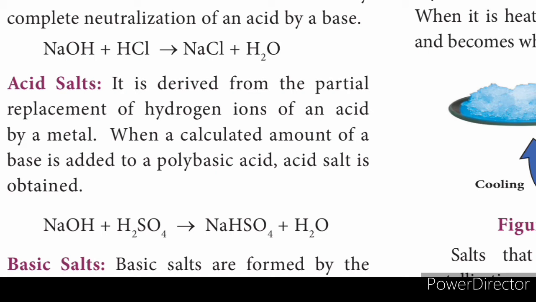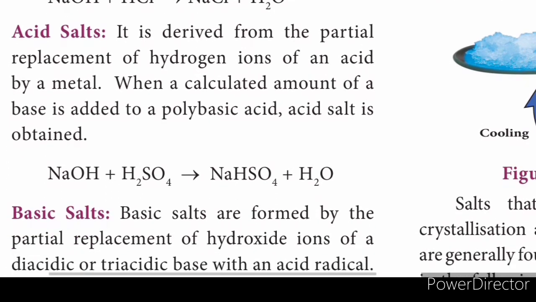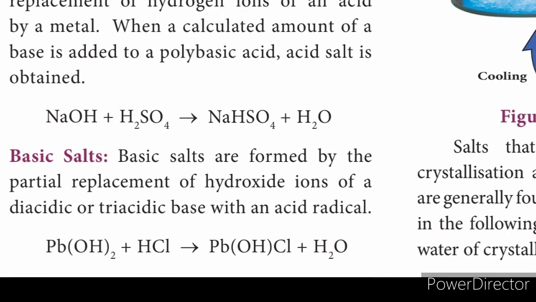When a calculated amount of base is added to a polybasic acid, an acid salt is obtained. So the equation is sodium hydroxide plus H2SO4, the formula for sulfuric acid, gives sodium bisulfate, NaHSO4, plus water.